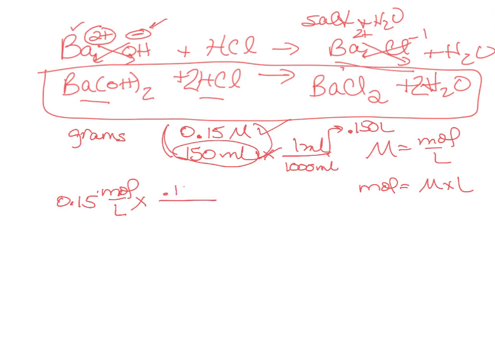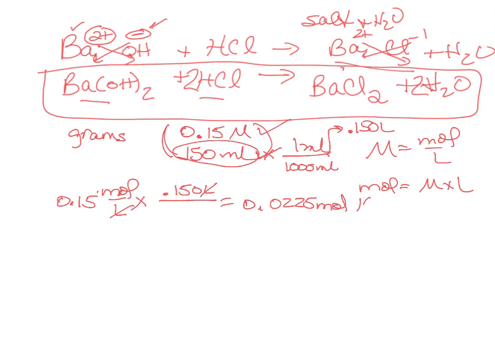That has to go on top, so the liters cancel. And that then tells me that the moles of HCl that I have are 0.0225. Now I'm not going to round it yet, even though I know I have too many sig figs. I'm going to wait till I'm all done.